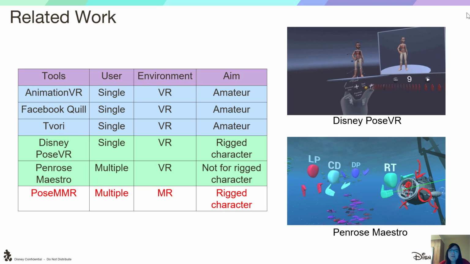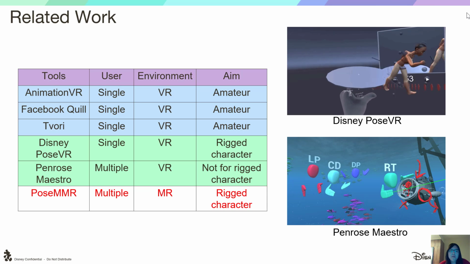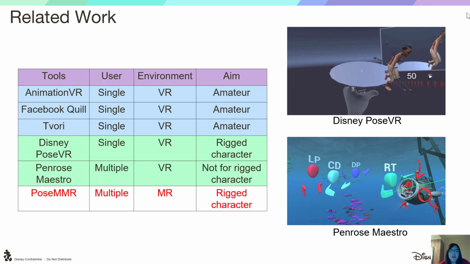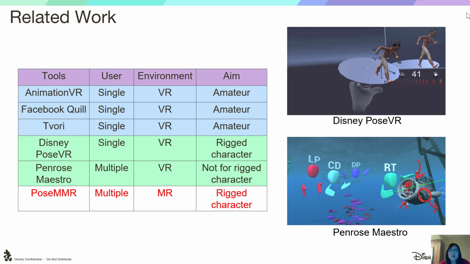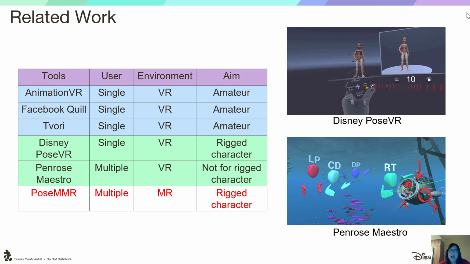People outside the VR can only see the 2D view, so they cannot see all the perspectives. Similarly, there was another system called Penrose, also developed for virtual reality and used by professional animators. However, it allows multiple users, but does not focus on rigged characters.